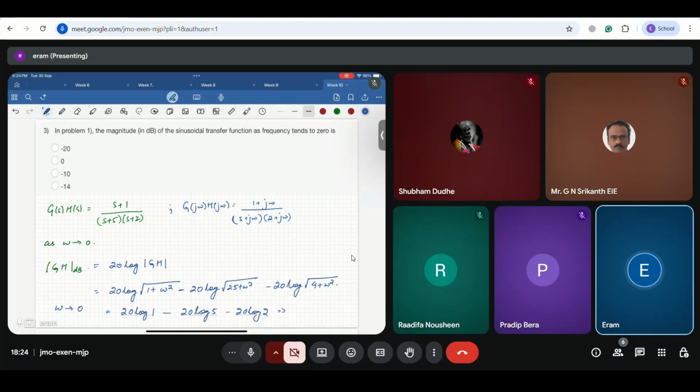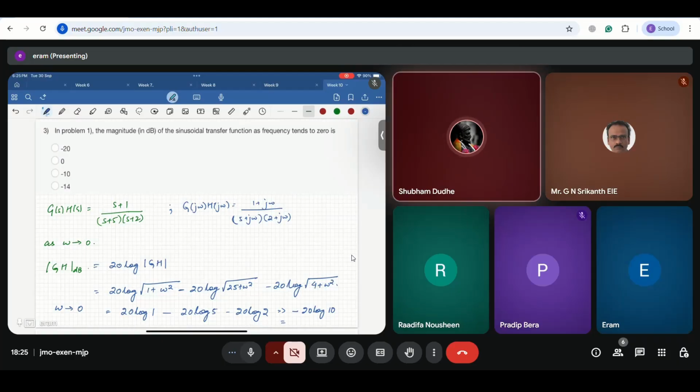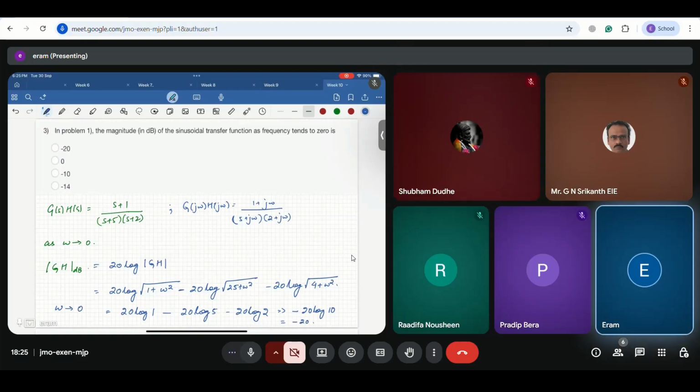So it will be minus 20 log 10. And what is minus 20 log 10? How much is log 10? Log 10 is 1. So it is just minus 20.